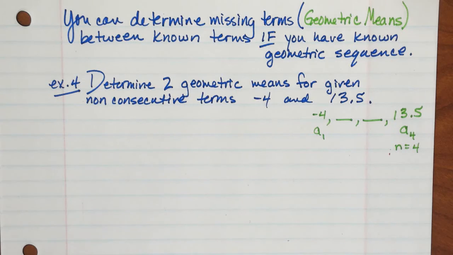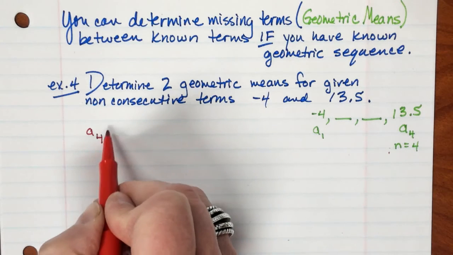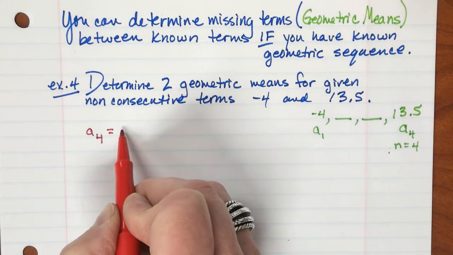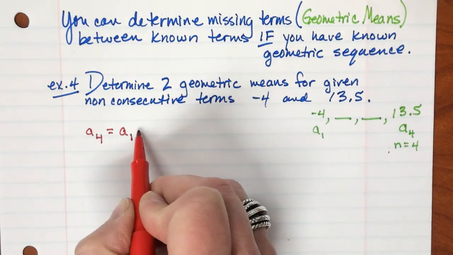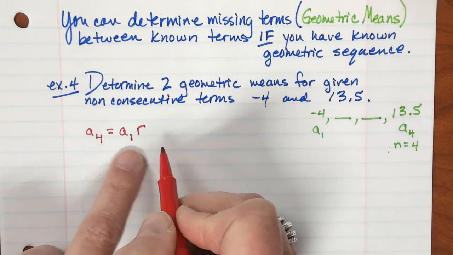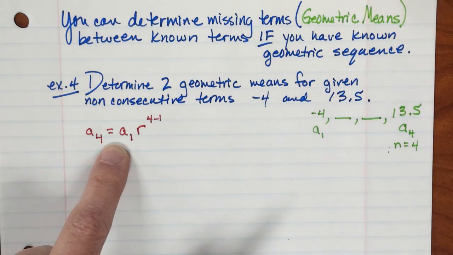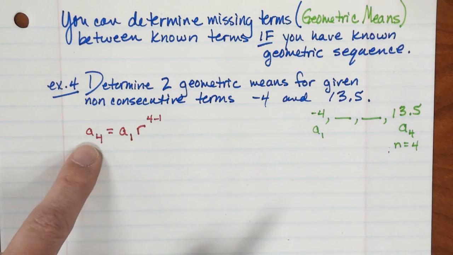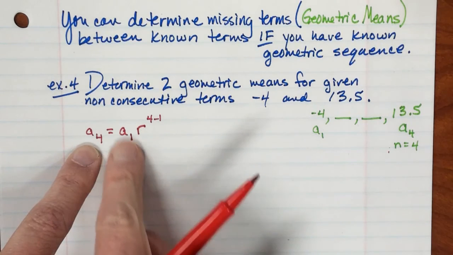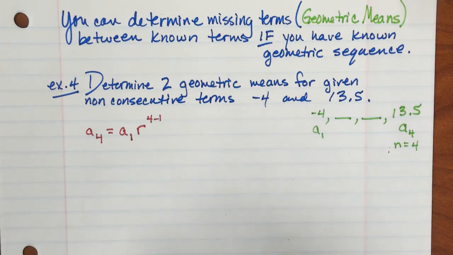You can use what values you know. For example, if you have the fourth term, think about your equation, then that would equal the first term times r to the 4 minus 1. Well, you know the fourth term, you know the first term. We don't know r, but we can calculate it if we know everything else, right?